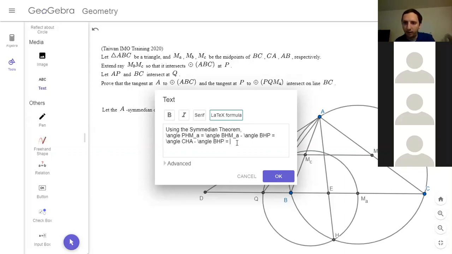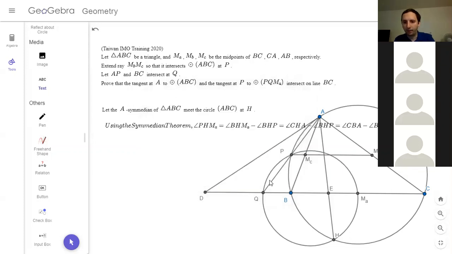And angle CHA is angle CBA minus angle BAP, and that's angle AQB.